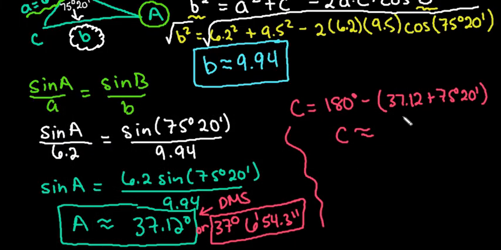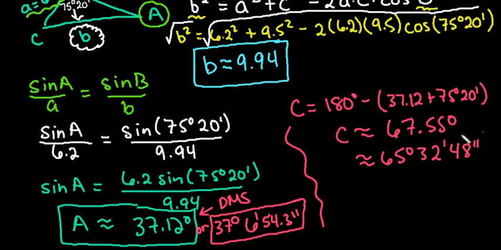So with this one, what I'm going to say is that C is approximately 67.55 degrees, or as degrees, minutes, seconds, we could say that this is approximately 67 degrees, 32 minutes, 48 seconds.